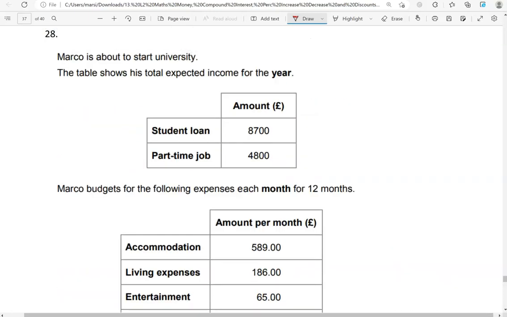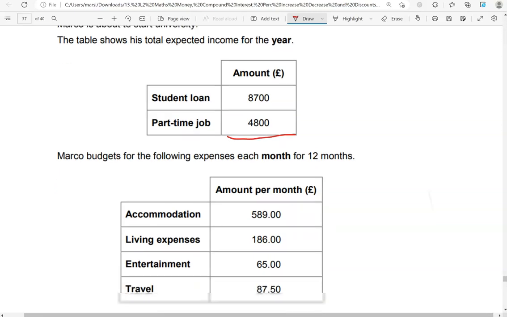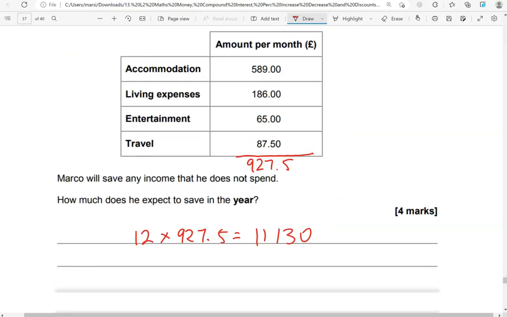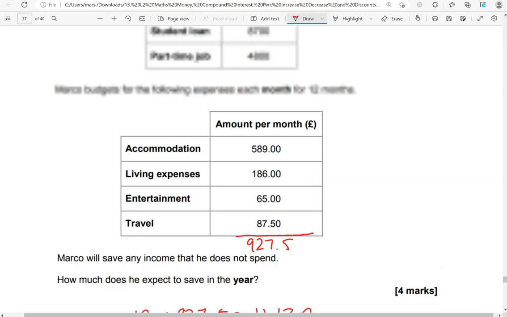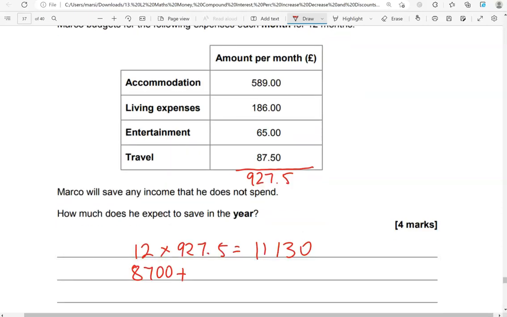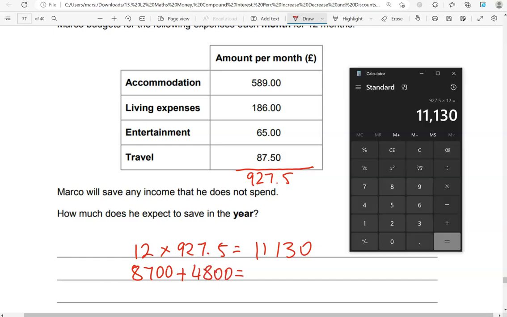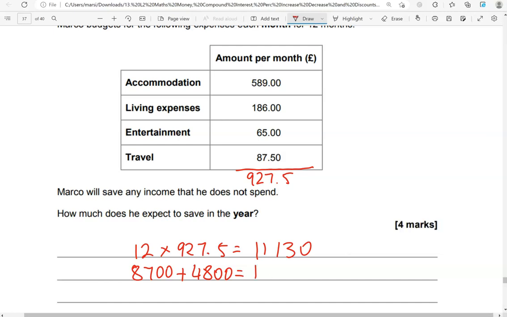Looking at income, we've got 8,700 and 4,800. So 8,700 plus 4,800 gives us 13,500.